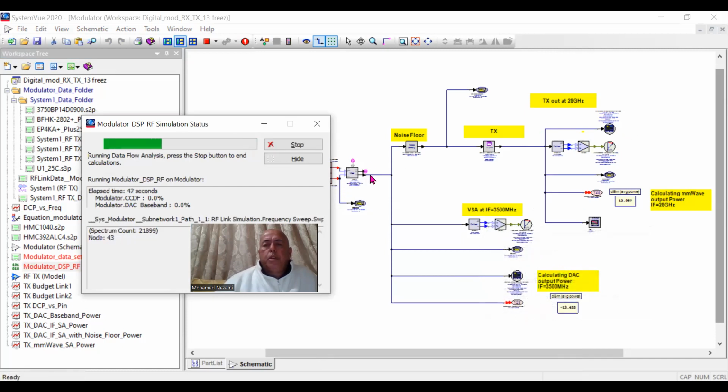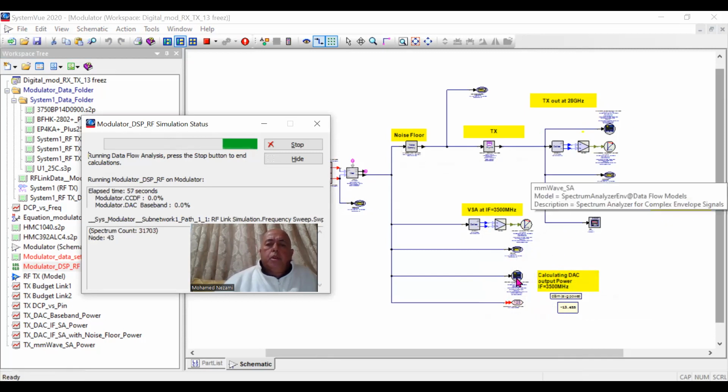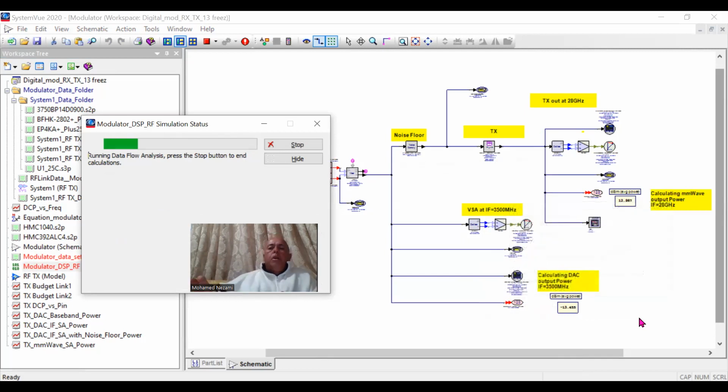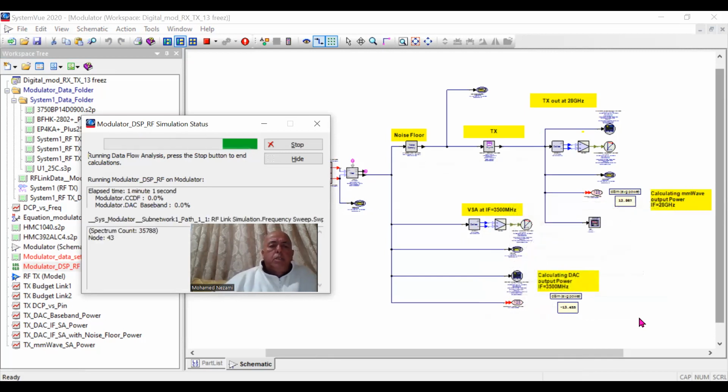It's going to put the signal through the RF chain, and then display in real time the streaming of the digital modulations into the RF transmitter. And of course, realize this is just for a single beamformer chip.